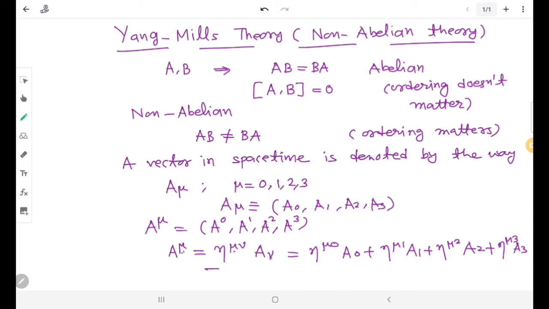Also the form of the Minkowskian metric or flat metric eta mu nu. This is actually a matter of convention here. Most of the people actually adopt this convention. Eta mu nu equal to how much?